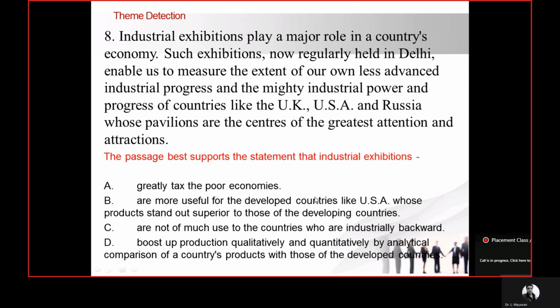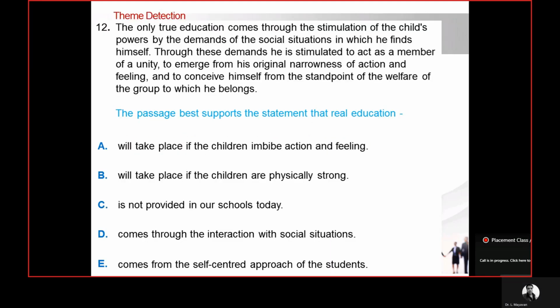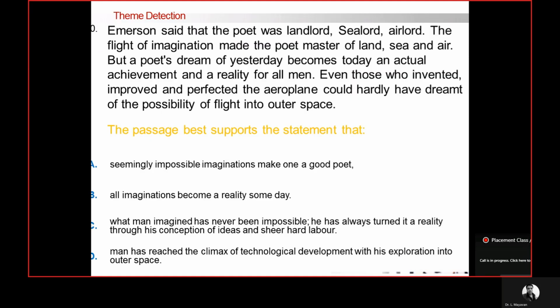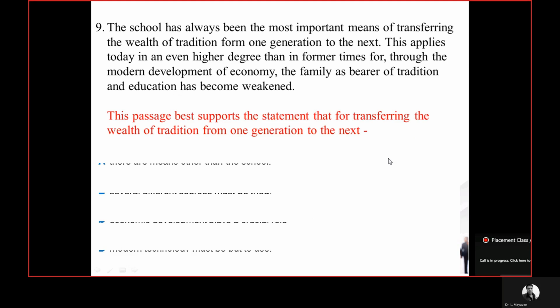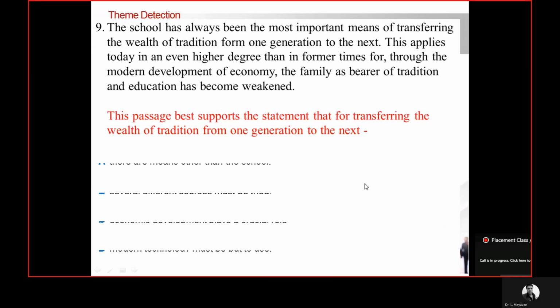Move on to the next one. So I think there is a problem with the options.